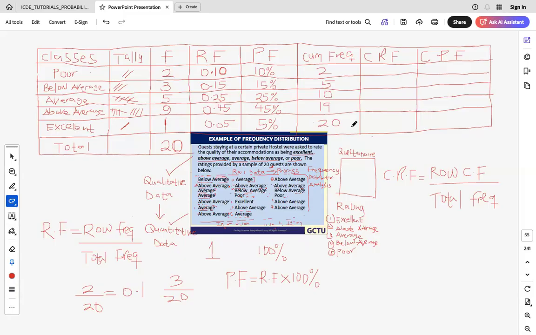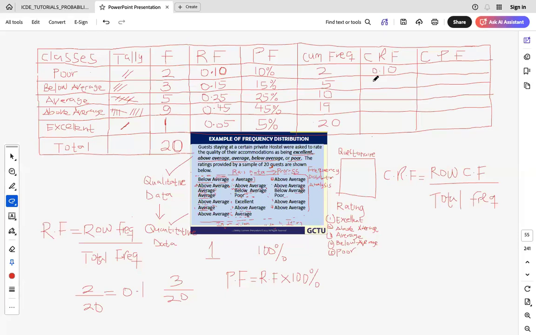So you are going to help me again with your calculators. We are now going to divide these numbers by the total frequency. So we start with the first one. 2 divided by 20. I'm sure you get 0.10 for the first one. Then the second one, 5 divided by 20.